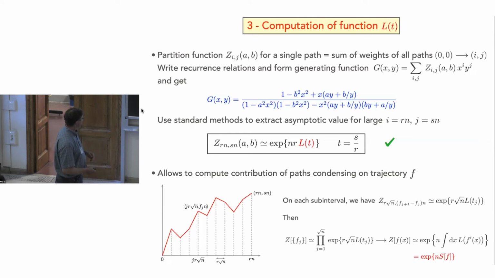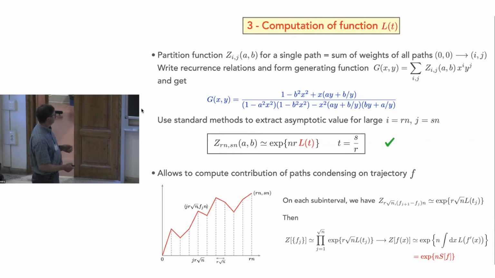Now, I'm a bit late, so there was an argument here as to why this L function, which controls the asymptotics of the partition function for a single path, with no constraint except for the initial and ending point, also controls the combined contribution of all the paths which condense on a given function f.